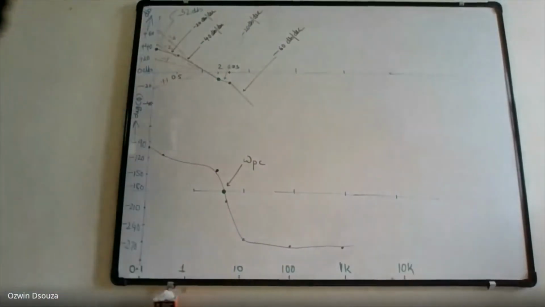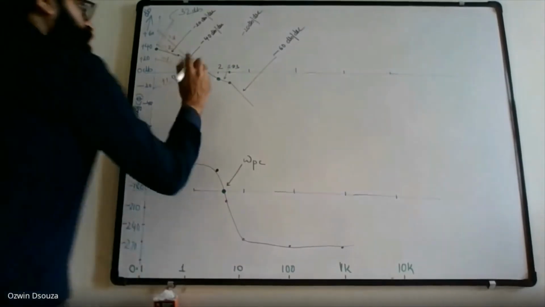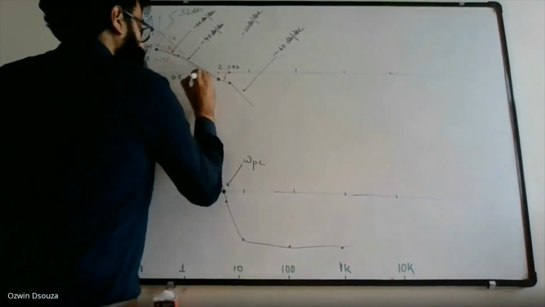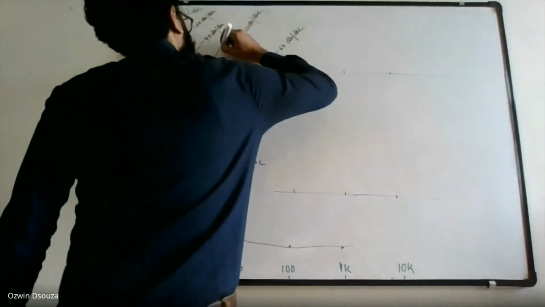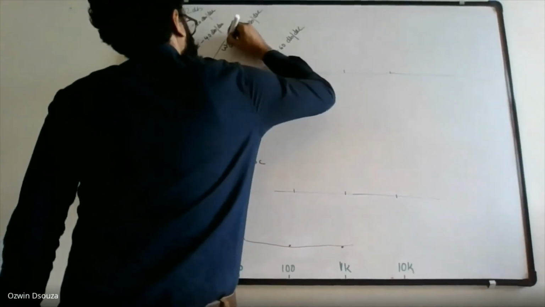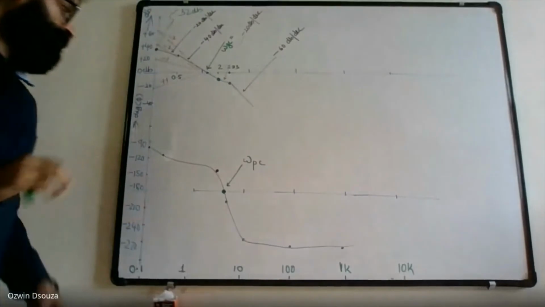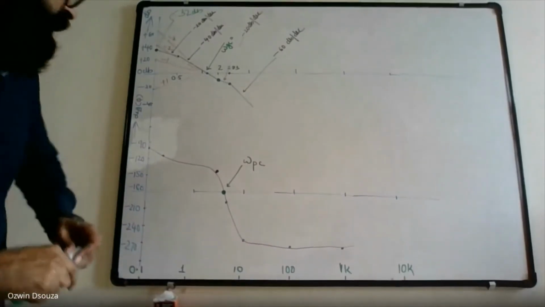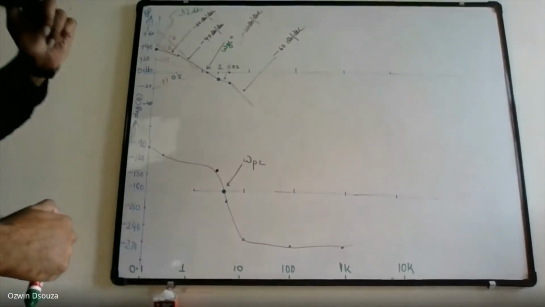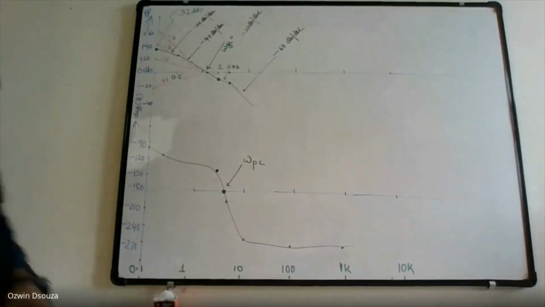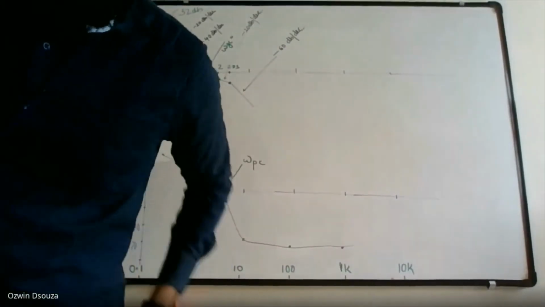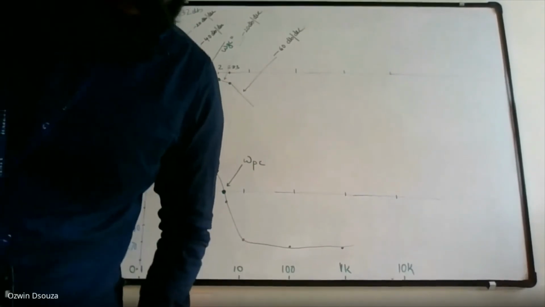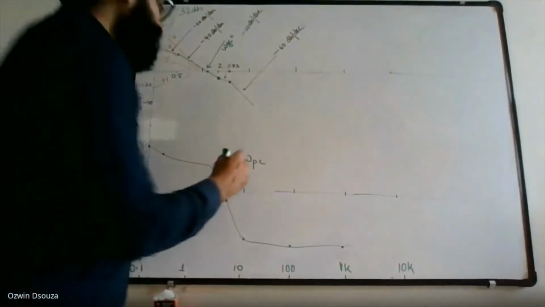Once you are done with the phase plot, you can determine phase crossover frequency omega PC and gain crossover frequency omega GC. So phase crossover frequency, it is between 2 and 2.83. So if you draw the graph in a graph sheet, you will get 2.6 radian per second.